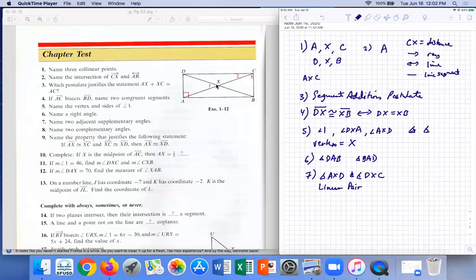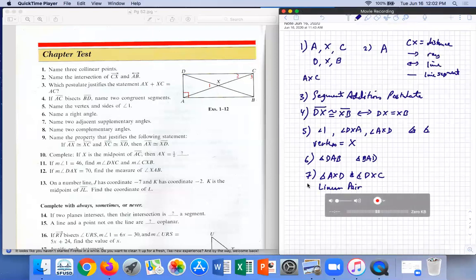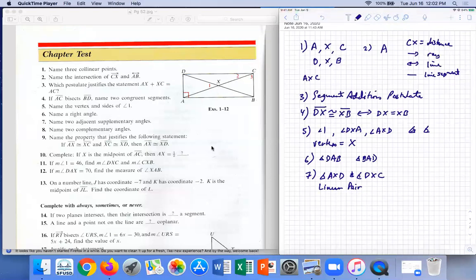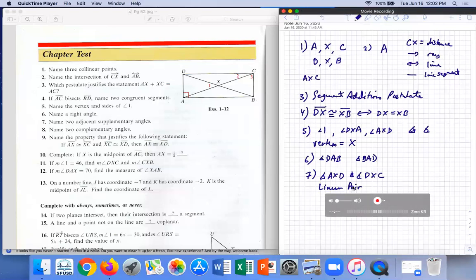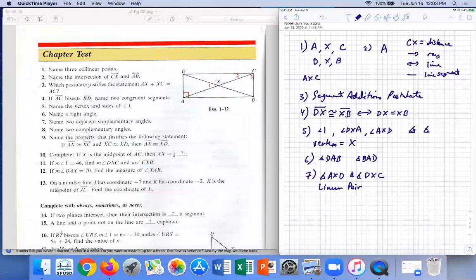Depending on your teacher, they might tell you about linear pairs or not. It's not called that in this book, but in newer books, a linear pair is a pair of angles, two angles that form a line, that are supplementary. They're actually adjacent supplementary angles. They form a linear pair.